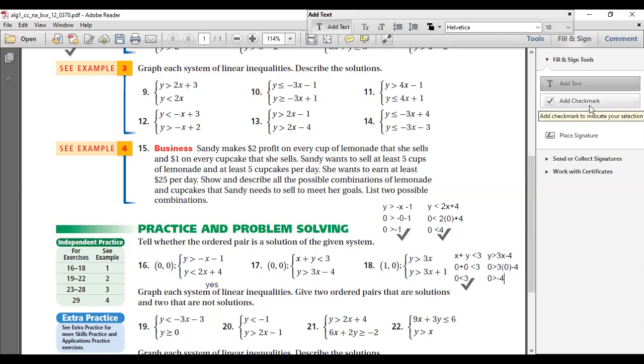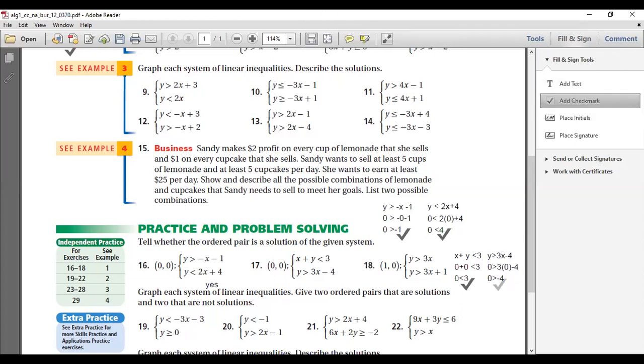So is 0 less than negative 4? Sorry, is 0 greater than negative 4? Of course, yes. So you just have to say yes, it is a solution. Just write yes somewhere. I cannot write it anywhere, so you have to write yes somewhere here. Okay, so just write yes.